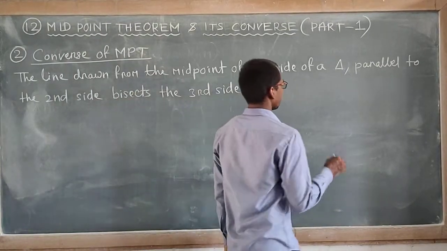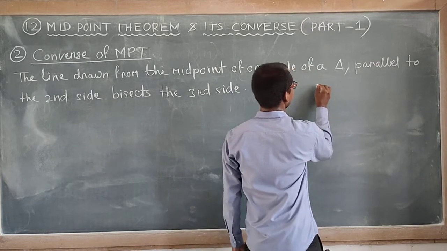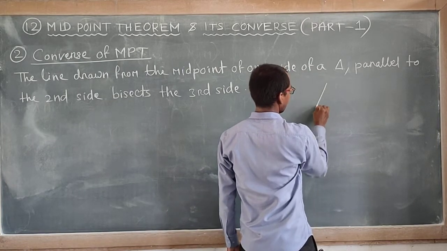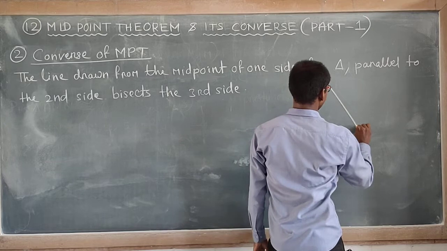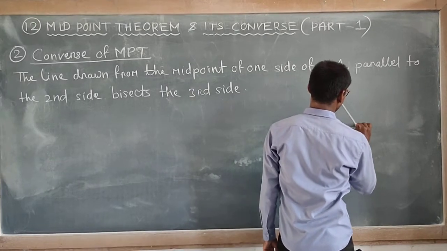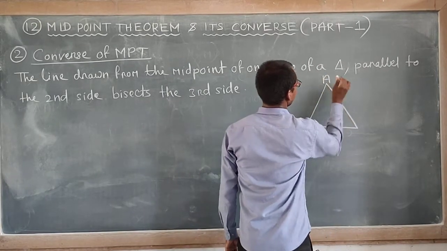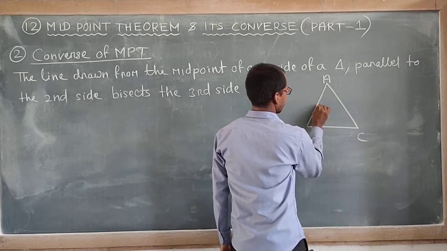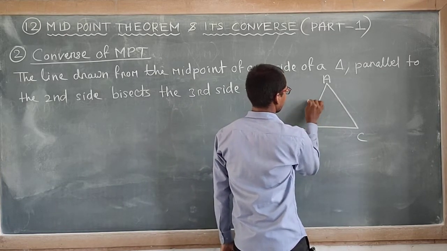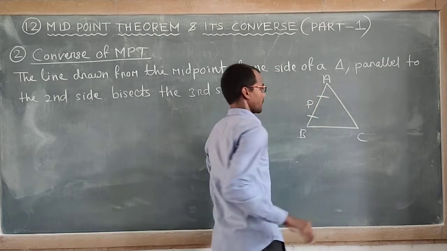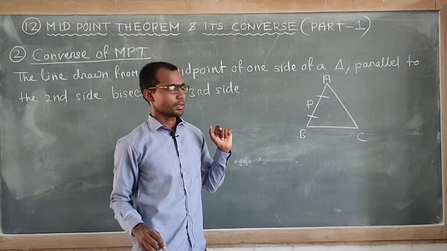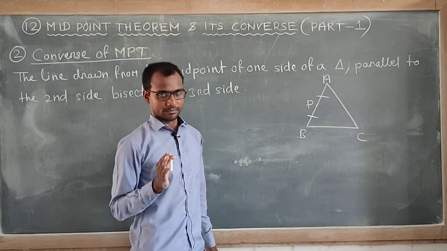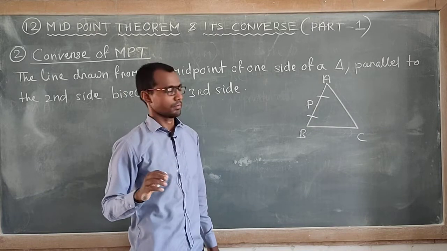So let us draw a triangle. This is A, B, C. Let us take the midpoint of AB. Suppose this is P. Okay, P is the midpoint of AB. Now we will not take the midpoint of AC like the previous theorem.